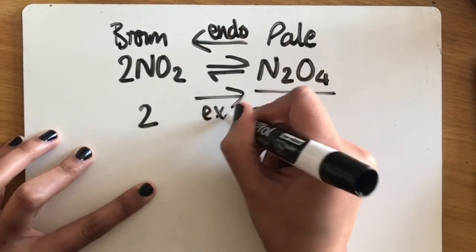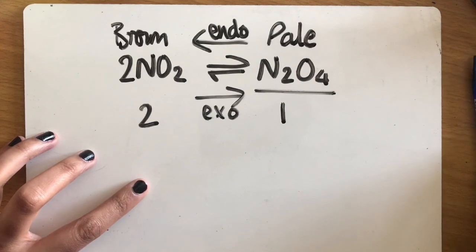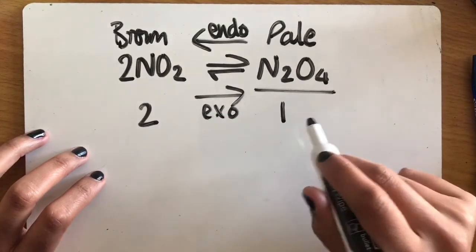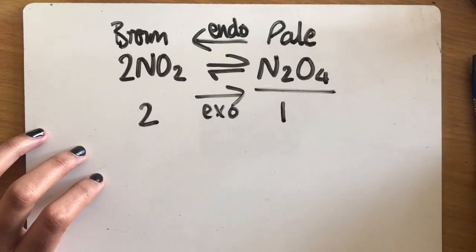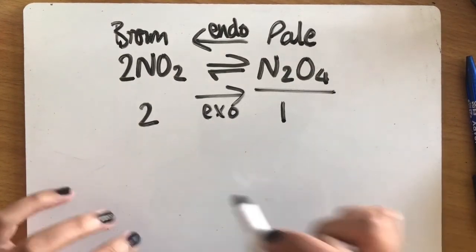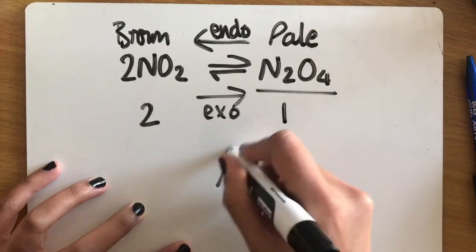So this would have been the exothermic direction. So which of the following is correct? We know that NO2 is brown and the forward reaction is exothermic, so the answer is A.